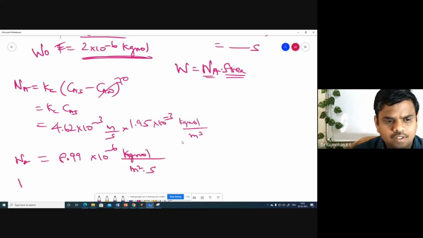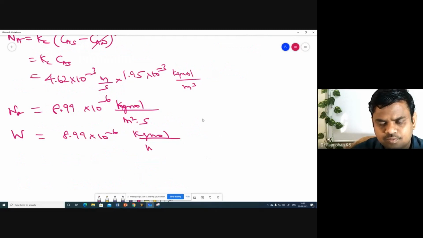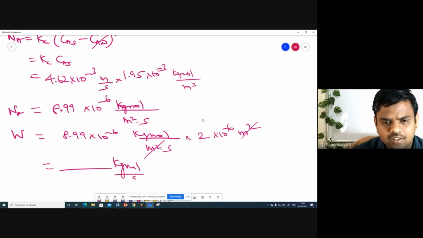Therefore WA equal to 8.99 into 10 power minus 6 kg mole per meter square second into area, which is 2 centimeter square, so 2 into 10 power minus 6 meter square. So we get W equal to this much kg mole per second.